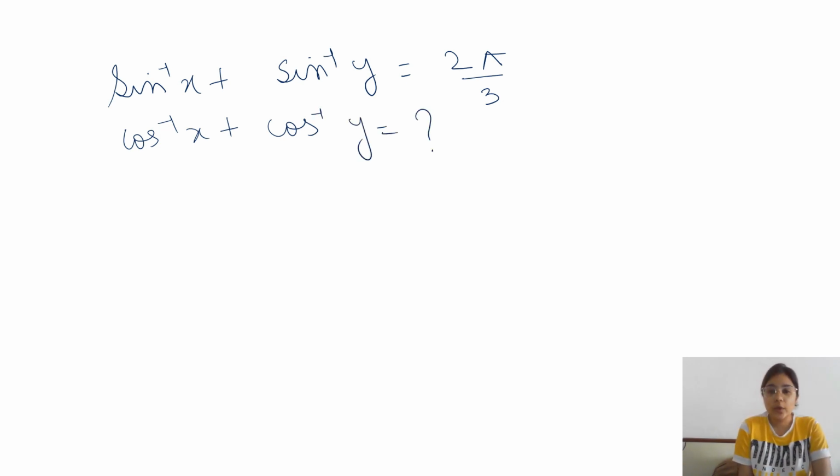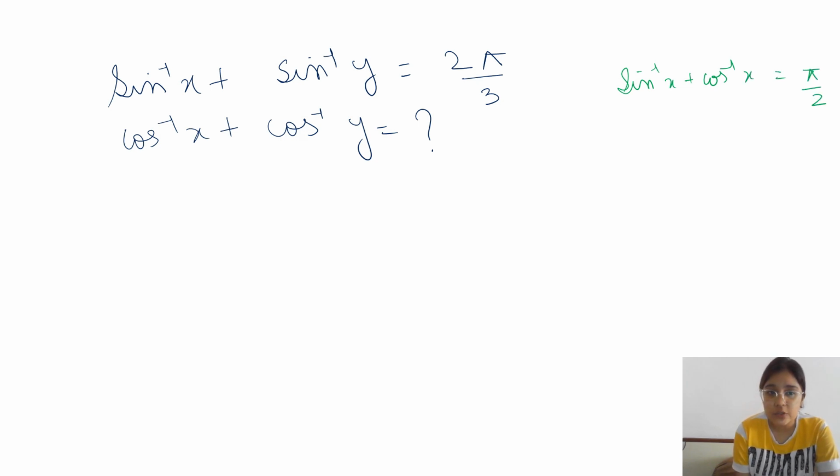So what you will do, as we have discussed the properties in the previous slides, we know the formula sine inverse x plus cos inverse x is equal to pi by 2.